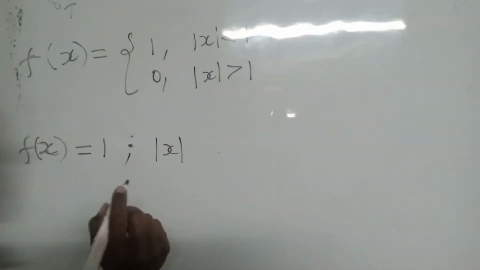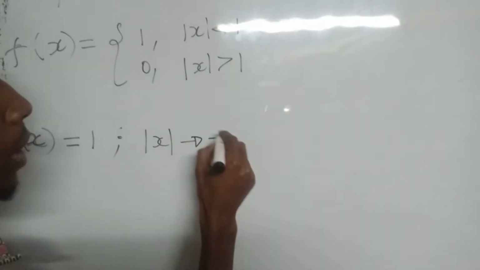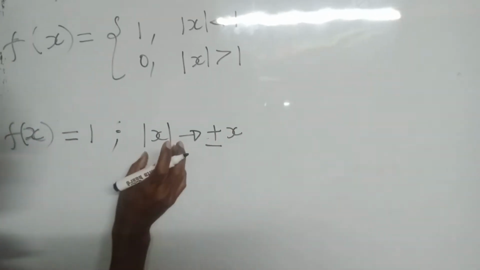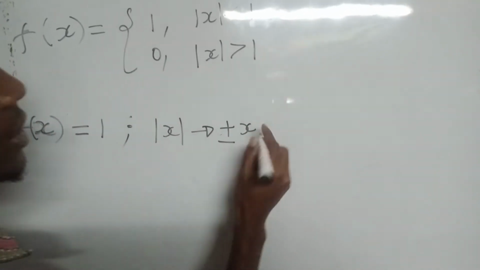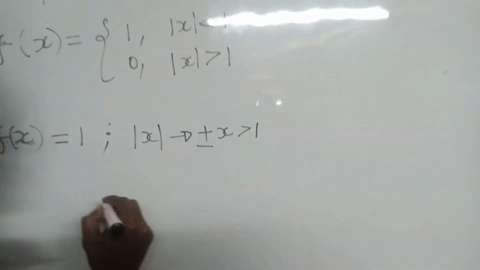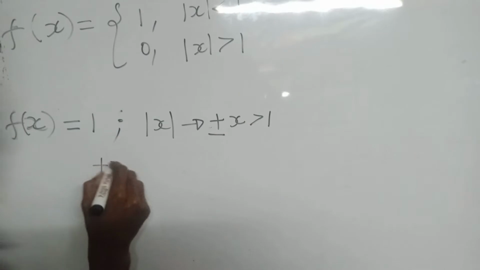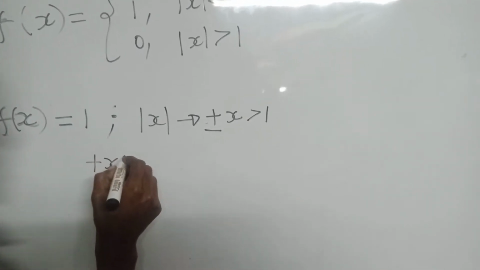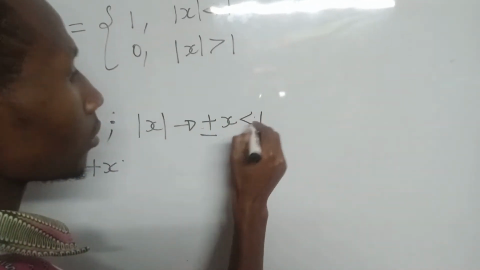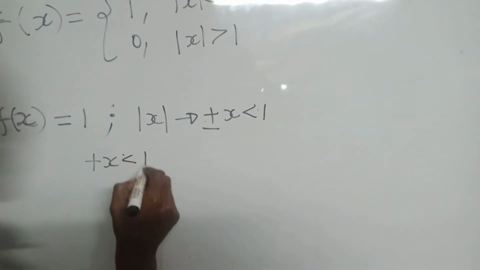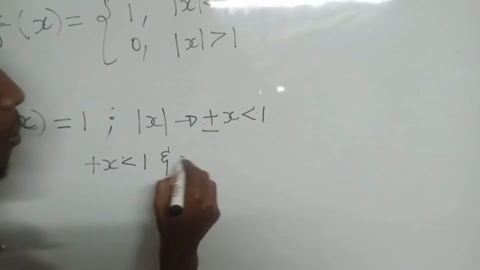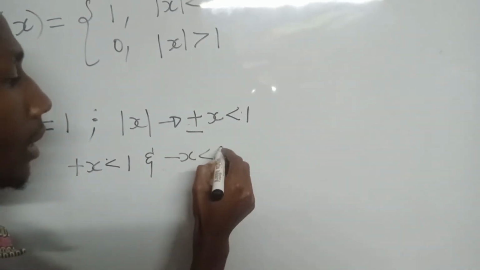We know normally that the modulus is either plus or minus. So when we say the modulus of x is less than 1, plus x is less than 1 and minus x is less than 1.